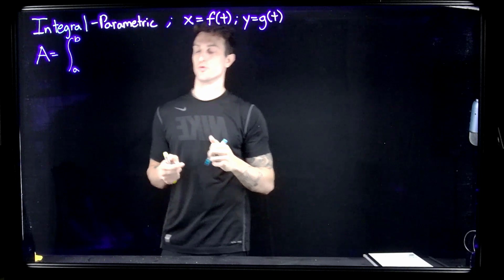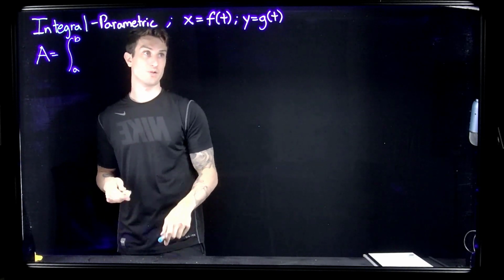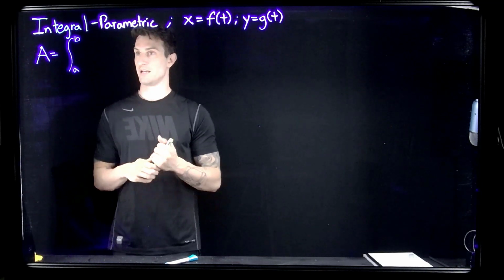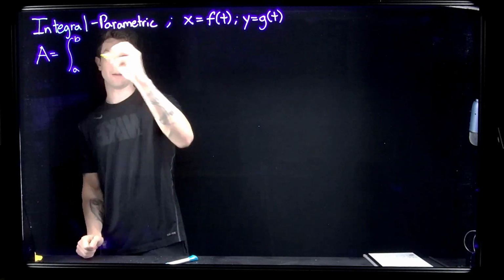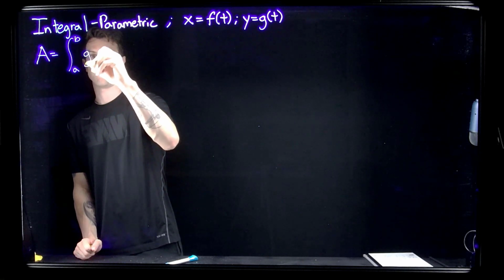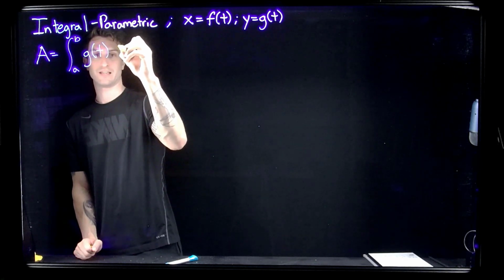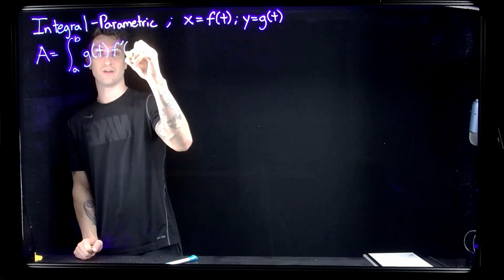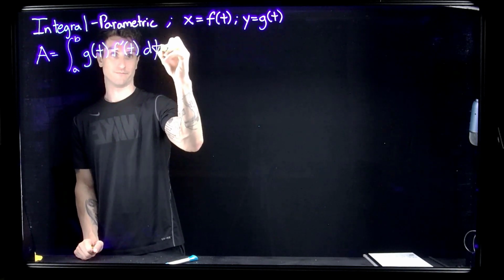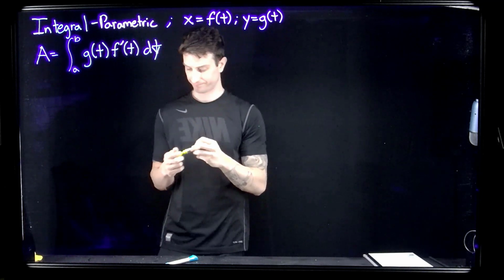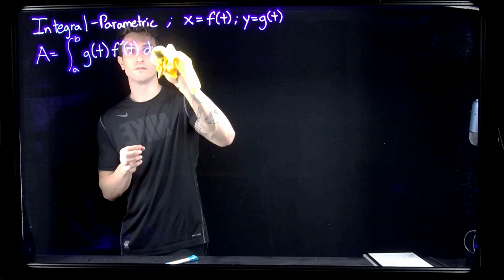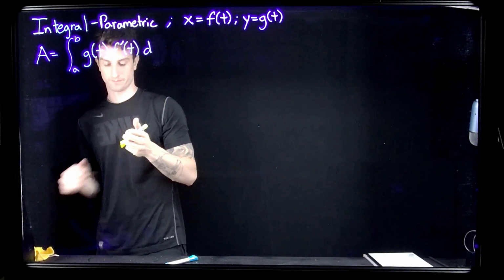You can flip-flop the order, but just to keep everything the same, this is what we've been using. So my first one here, and I'll specify why it's in this order, is g of t times f prime, the derivative of f of t, dt.